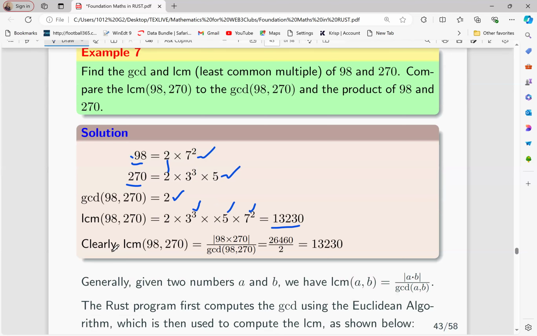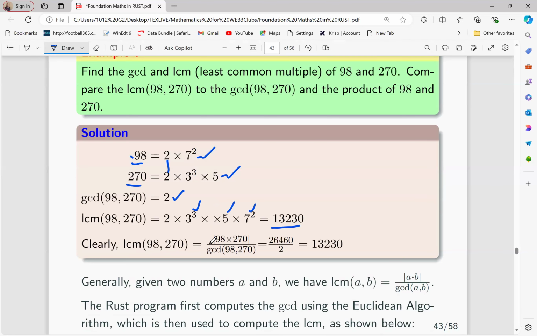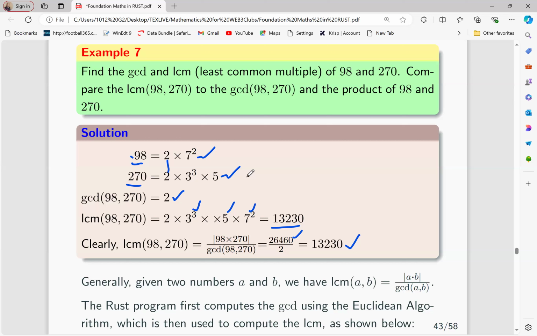Now, what is the relationship? You can see that the product of the 2 numbers that were given to us is that, and the GCD is 2. So if I take this product divided by 2, I can arrive at the LCM. In other words, the LCM of 2 numbers can be obtained from the product of those 2 numbers.